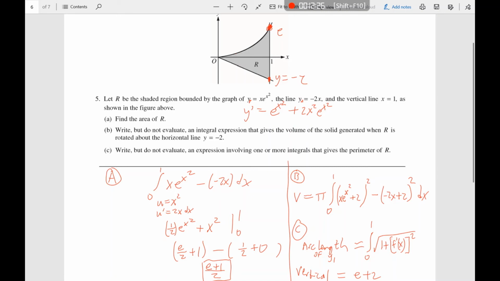Okay, so if we do Pythagorean Theorem, we said this length is how much for the vertical? 1 for the horizontal. How much for the vertical? 2. Okay, and then we can solve for c.